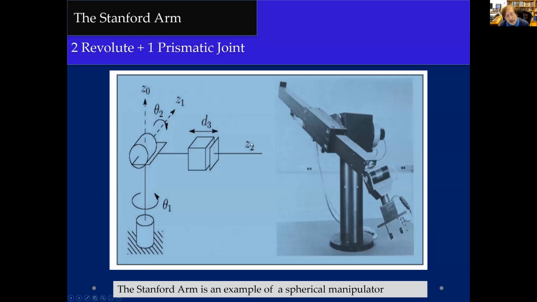And if you are following with close attention, you will see that this does not correspond exactly to this picture. Why? Because we saw this picture last week in the introductory course, and we said, well, this has got 6 joints. But here we have got only 3 joints.